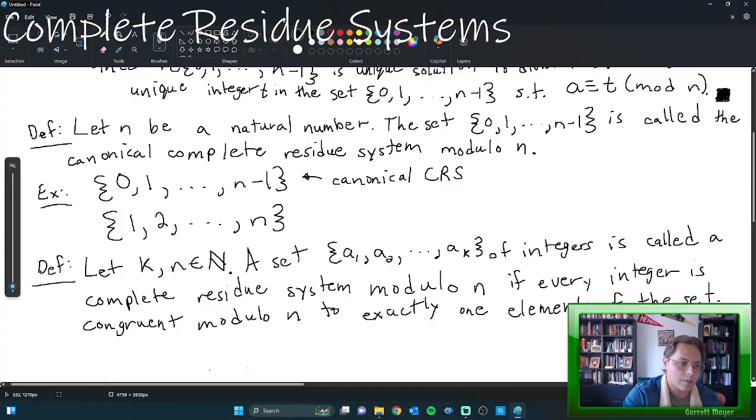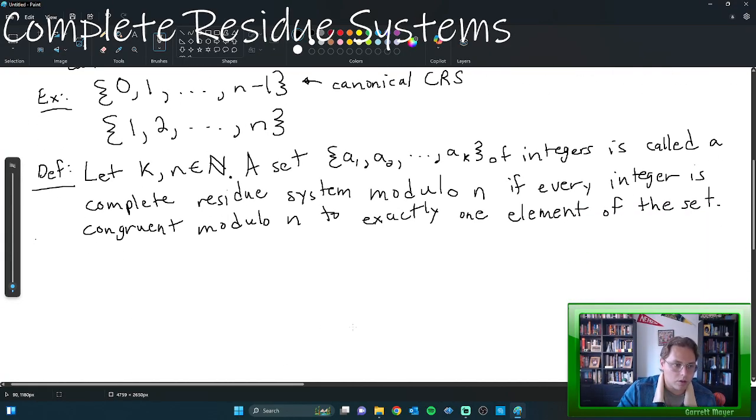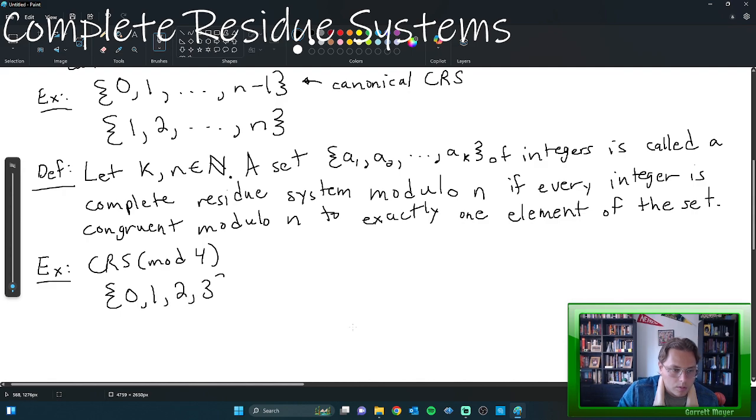So obviously some examples of CRS might include, so let's think like complete residue systems mod 4, for example. Obviously the first one would be the canonical complete residue system. So you would do 0, 1, 2, 3. But another one could be, like we discussed before, 1, 2, 3, 4.